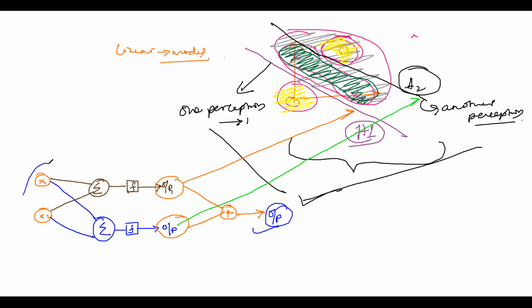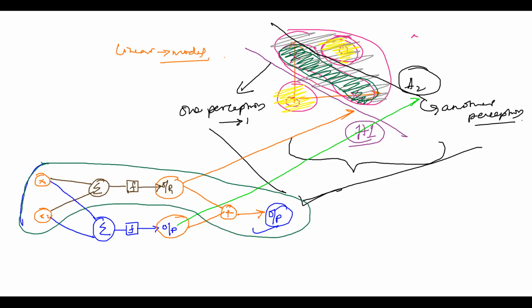So when this one is over here, this is one result, or this is one neuron, and this is another neuron.